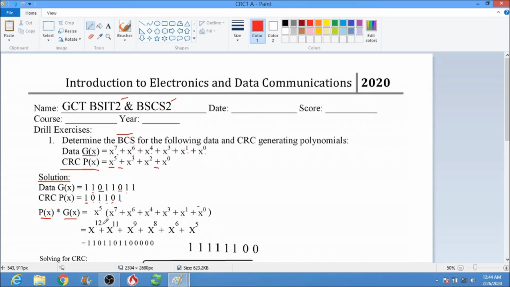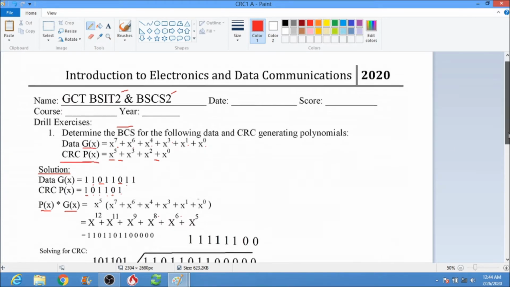So this is 12, 6 becomes 11, 5 and 4 is 9. We simply add the exponents. x raised to 5 and x raised to 3 is x raised to 8, x raised to 5 and x raised to 1 is x raised to 6, x raised to 5 and x raised to 0, of course, is x raised to 5.